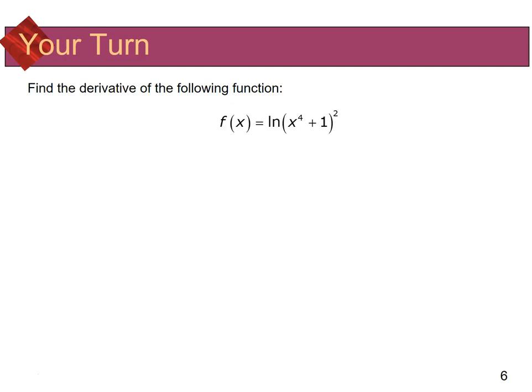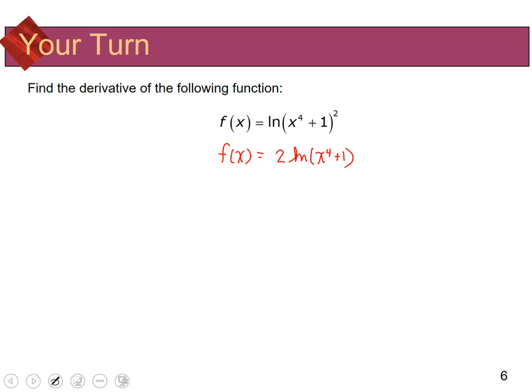So I can use the fact that f of x can also be written as 2 times the natural log of x to the fourth plus 1, because of the power rule for logarithms, which basically says if I'm taking the natural log or any logarithm of something raised to a power, I can just move that power in front and make it a multiplication.